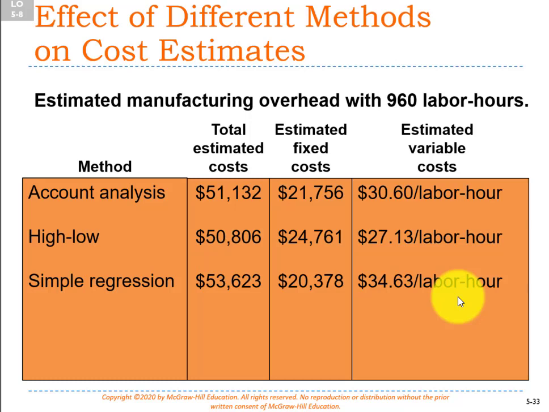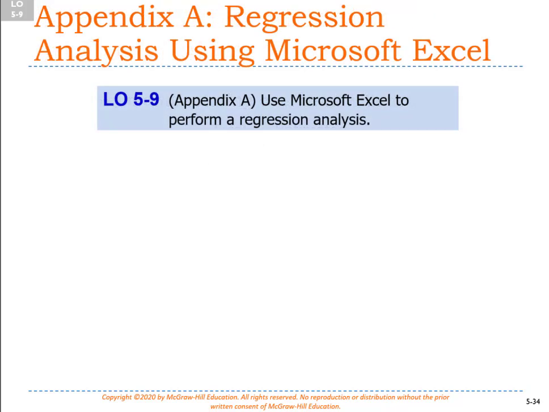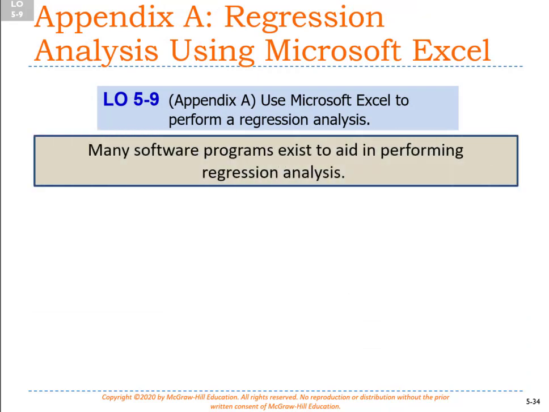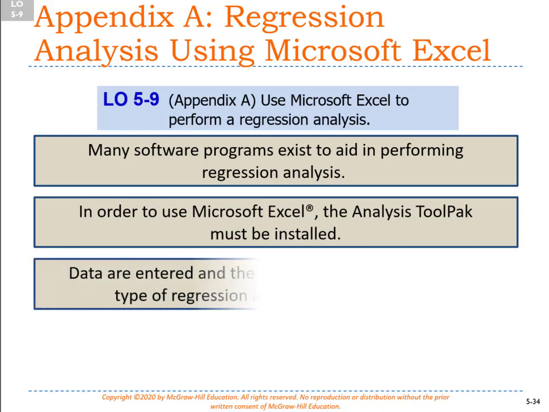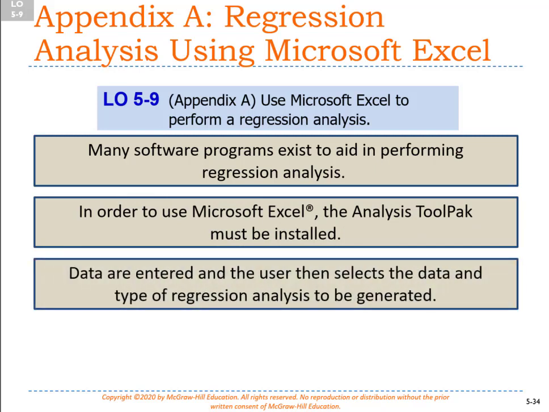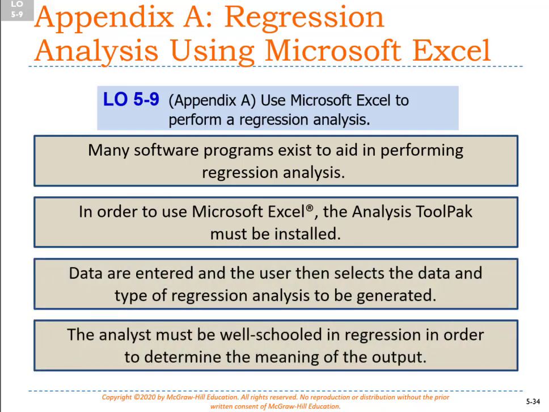That's a little higher level mathematical analysis than we're going to try to get into in this class. So we're going to use simple regression. And then Appendix A is going to show you how to use it. We're going to come back to that and look in a separate video.